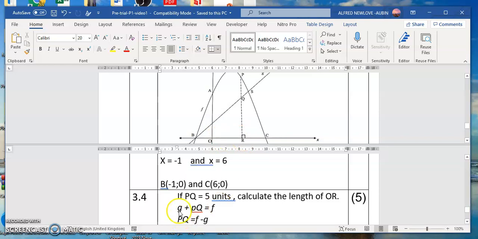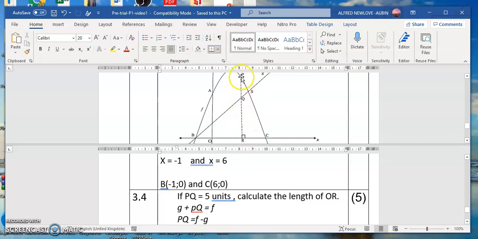We know that g, the distance from here to here, is this line. Remember this line is y, this line is also y, they are all siblings of y. So the distance from here to here is g, plus the distance PQ, should be equal to the distance from here to here, which is f.